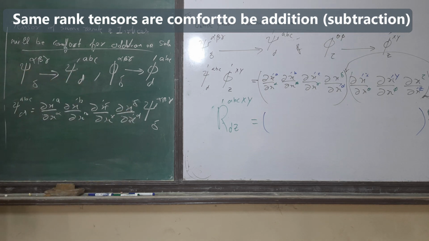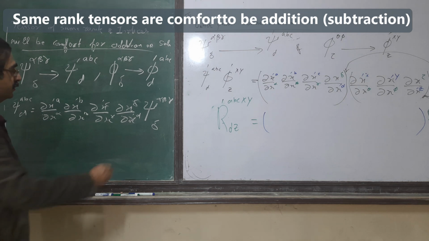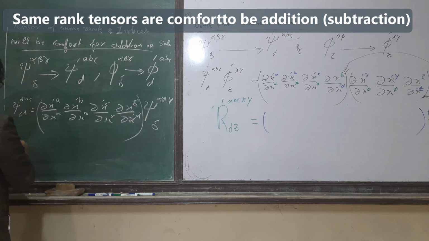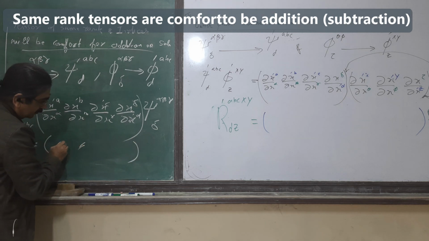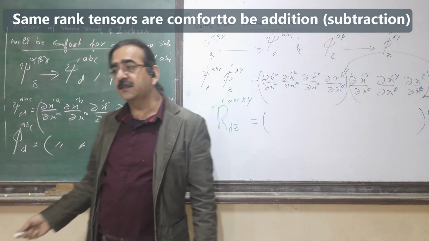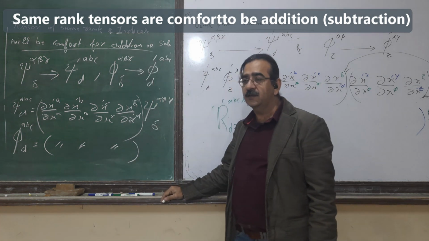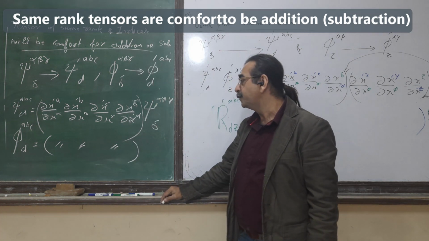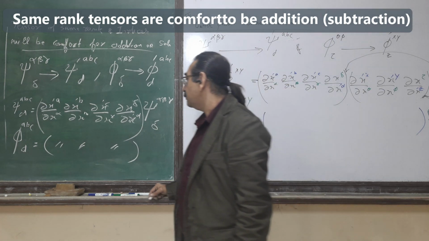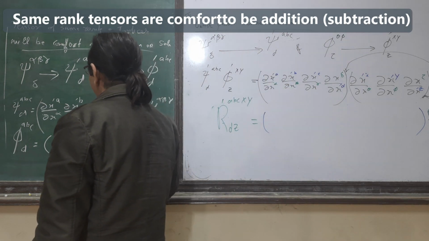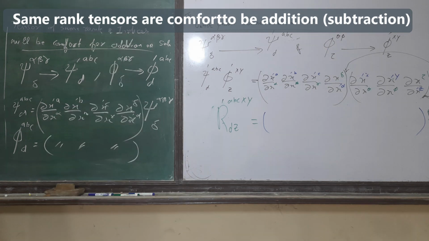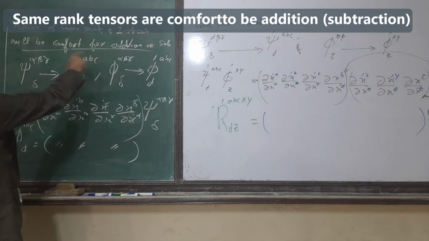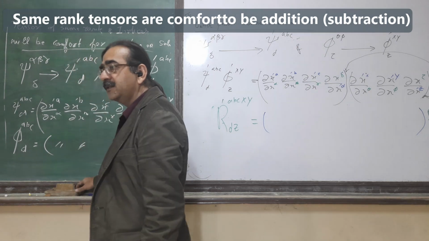Sigma, this is as I already explained, the same transformation law. Because they have the same indices, they must have the same transformation law. Even if the indices are not the same, only the rank is the same.